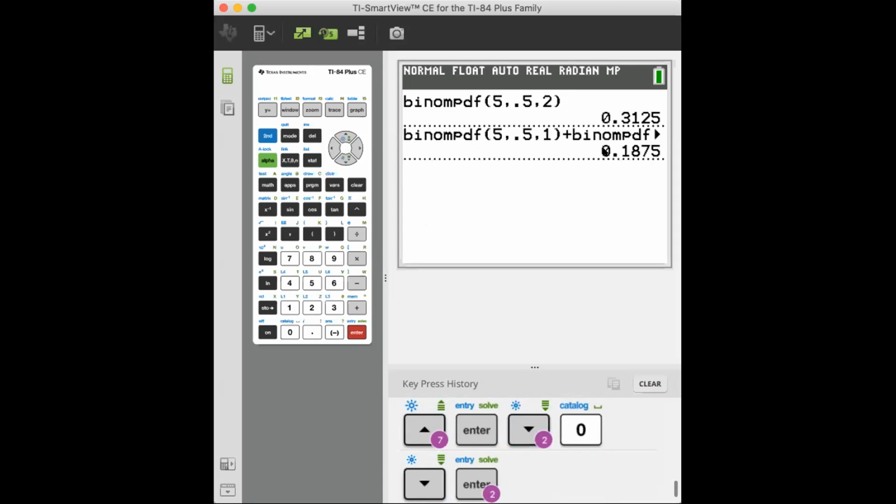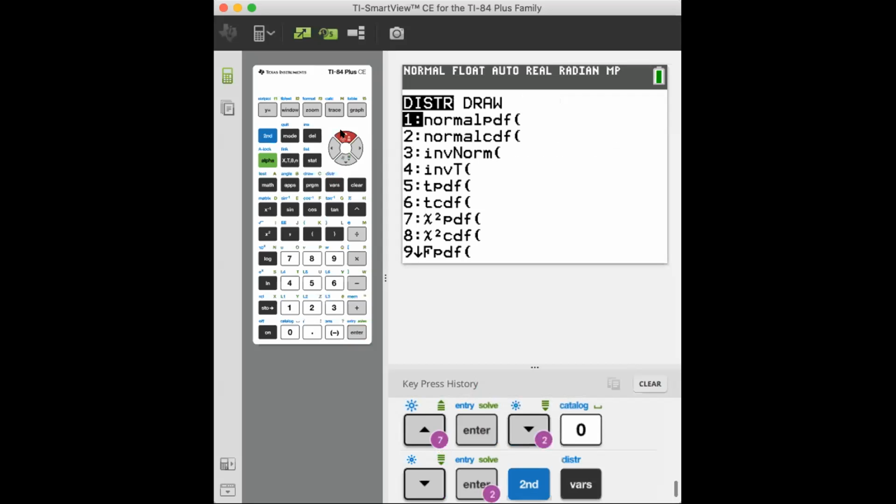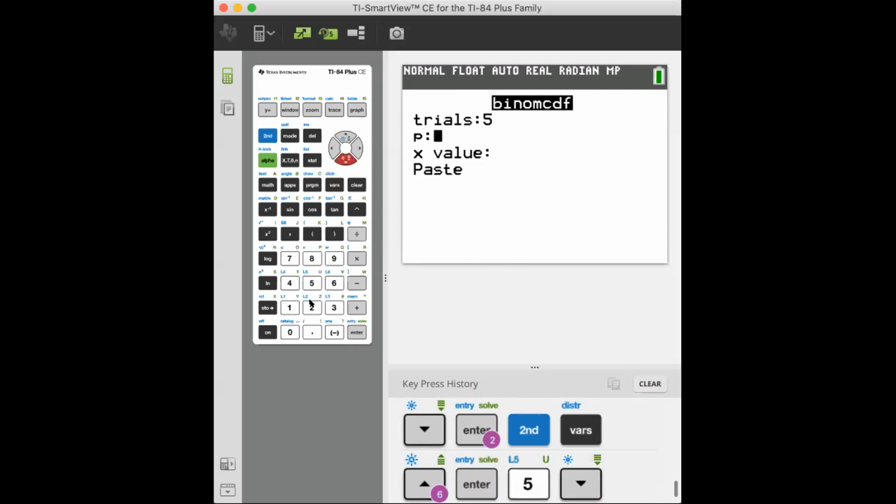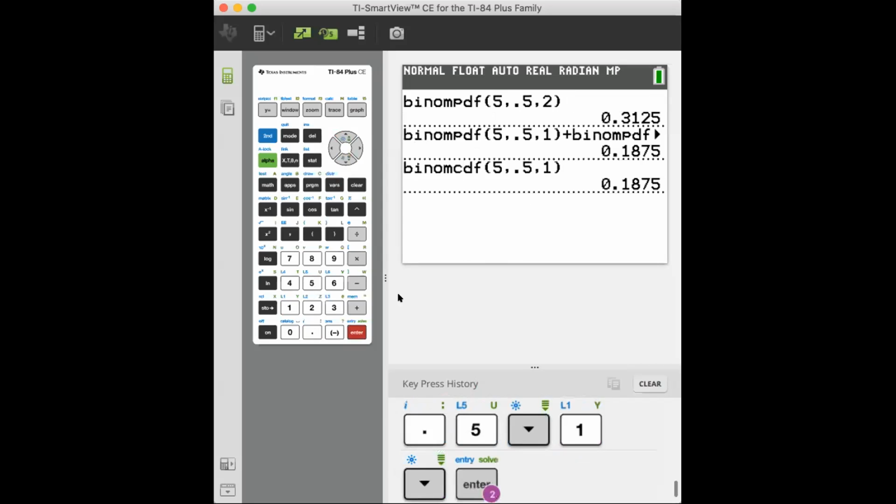Now, there is a shortcut to that, which is binom CDF. If you do the same thing with binom CDF, 5 trials, probability of success is 0.5, and plug in 1 for X, notice we get the exact same answer. The reason is that C stands for cumulative. So your calculator automatically finds binom PDF of 1 and adds that to the binom PDF of 0.